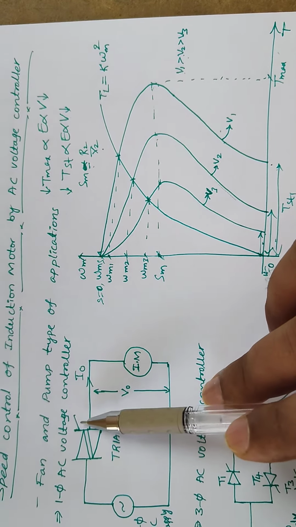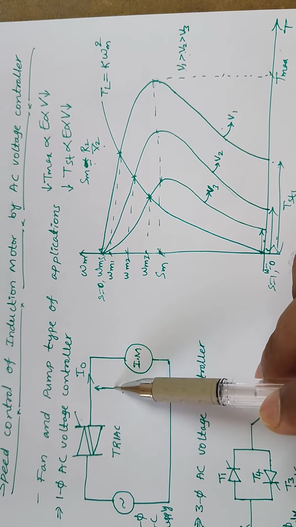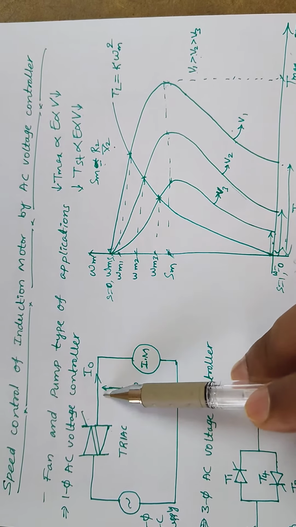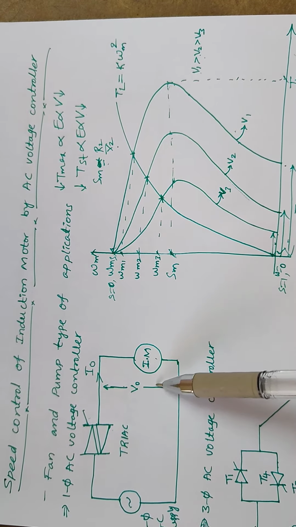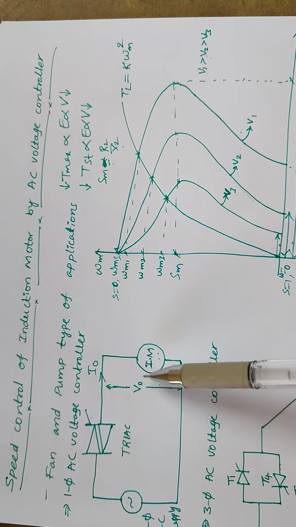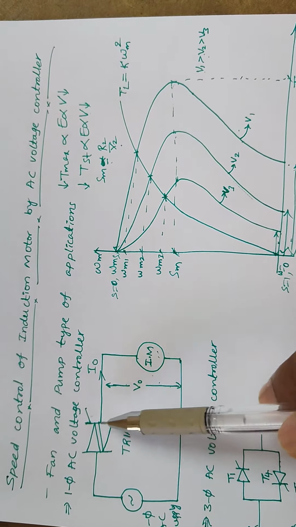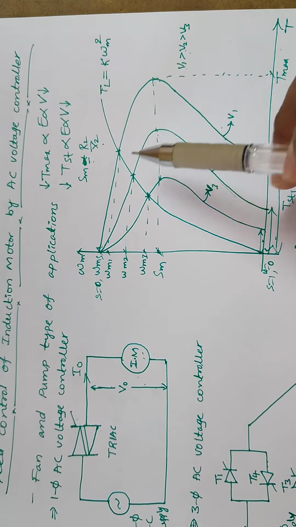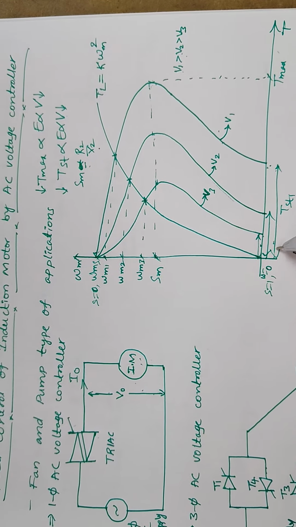By adjusting the firing angle of the triac, we can control the output voltage of the AC voltage controller, whose output we have given to the induction motor. That's why the supply voltage to the induction motor is controlled by using the triac firing angle.